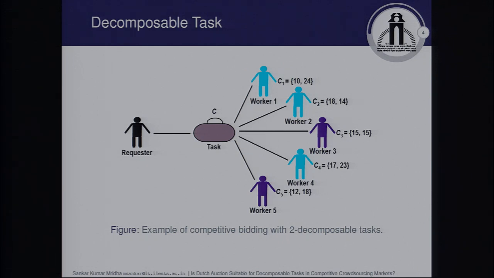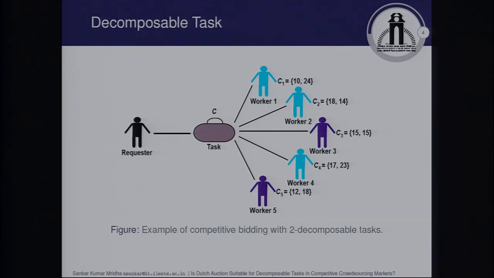As a result, a worker can never propose the best bid value for every task. Consider this picture, where a requester posted a task which is decomposed into exactly two subtasks. Here, if we consider that a single winner wins this task, then the W3 worker or the W5 worker can win this task.